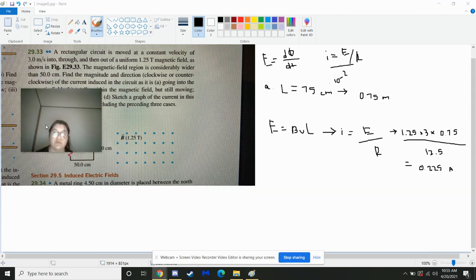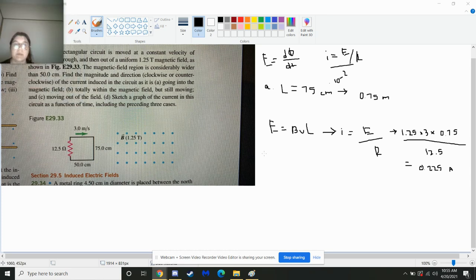Now, let me just move my little bubble up here. For B, notice that it says when it's totally within the magnetic field but still moving. Since the circuit is in the magnetic field and still moving, there's no change in magnetic flux.